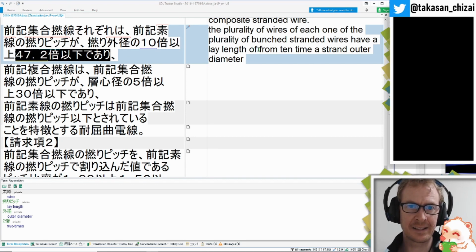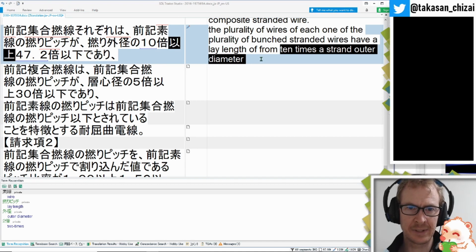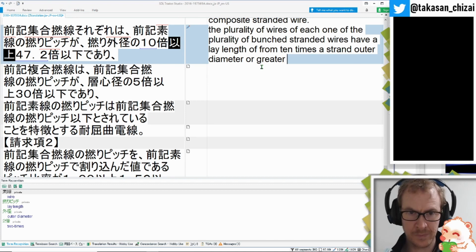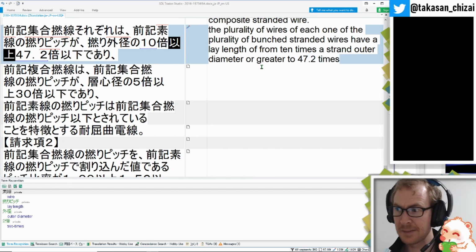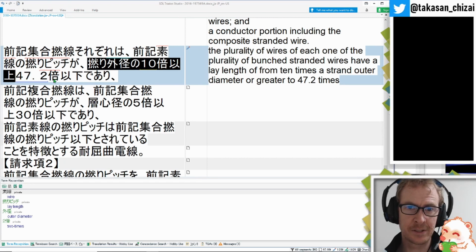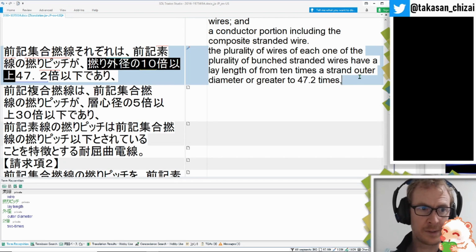So it is the lay length of from 10 times a strand outer diameter, equal, so we have 10 times or greater to 47.2 times. Okay, so we have one value here, this value or greater, to this value. Nice. Comma, and then next.